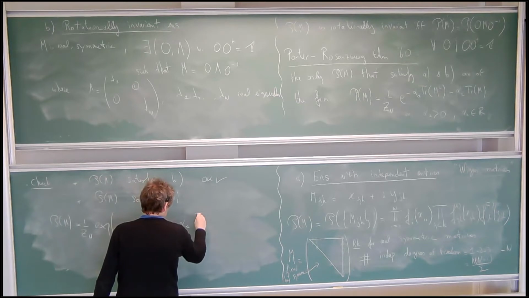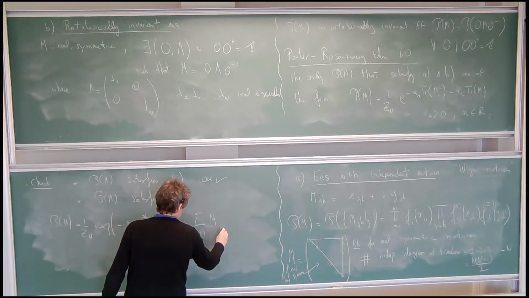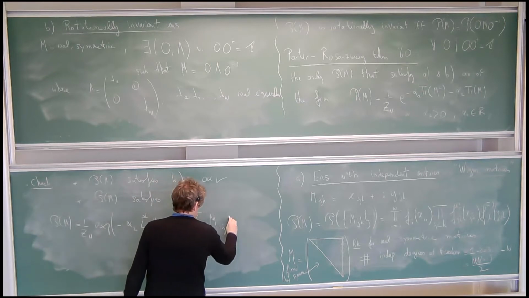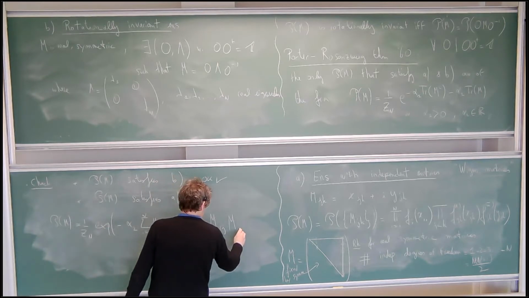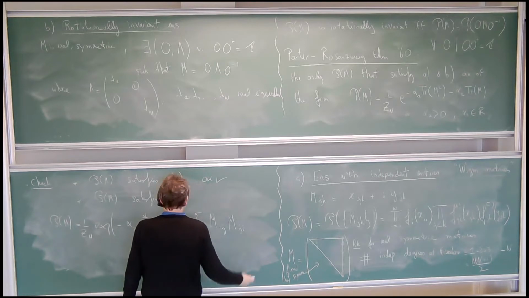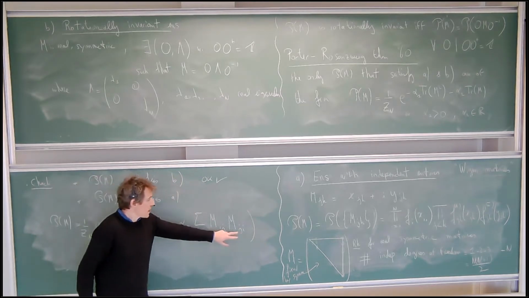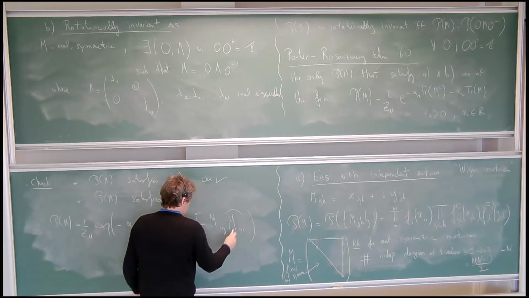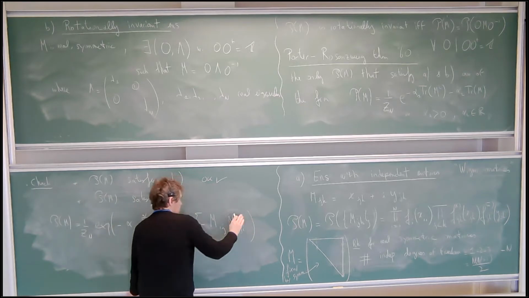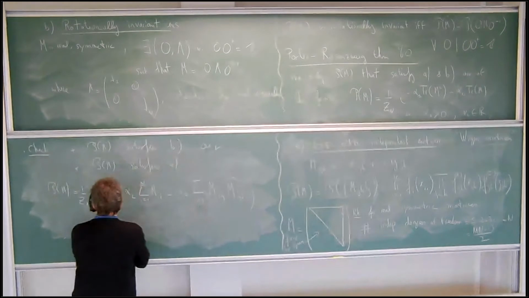And let's look at the other one. So the other one would read this way: the sum over ij of Mij Mji. Now this Mji here is just Mij. Okay, let's do it this way, I will just separate.